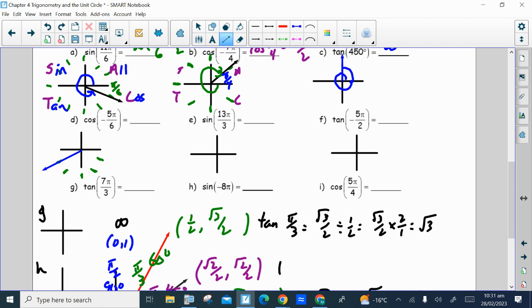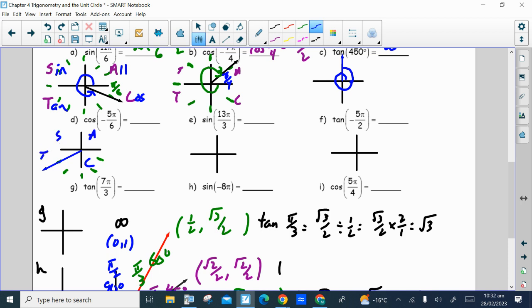Another way of looking at that, it's 1 pi on 6 short of going 6 pi on 6s, which is pi. 1 pi on 6 short of going halfway around the circle. So that's where we are. Remember, we then need to use our CAST rule to tell us whether our answer will be positive or negative.